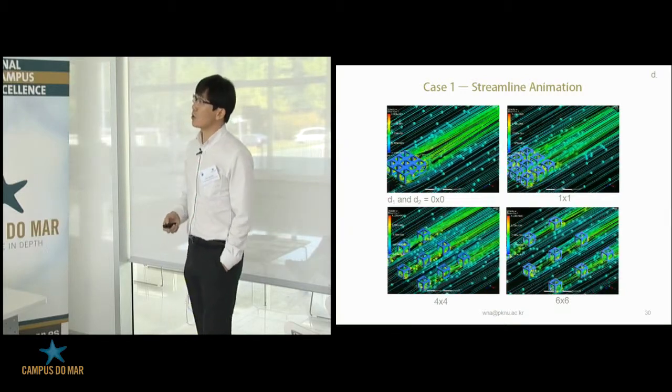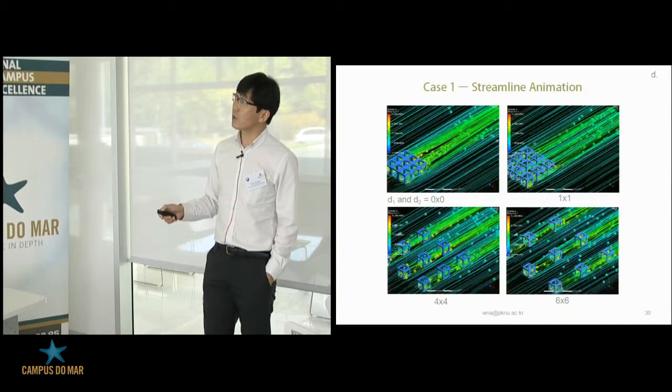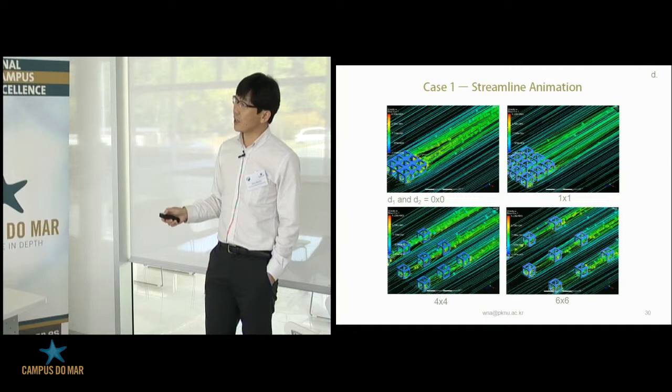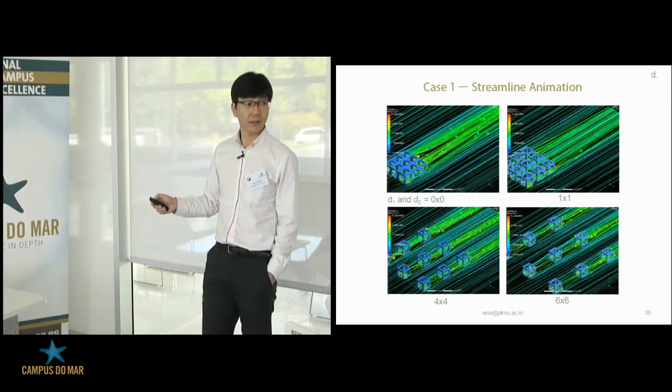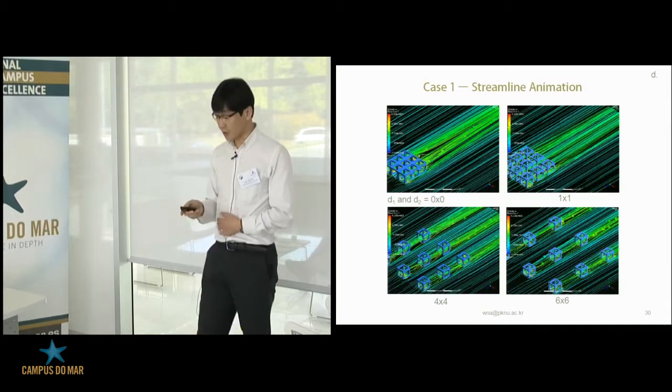This one also shows an animation of how the water flow comes through the set. As you see in this case, if the transverse interval is too big, the water just passes by, so it doesn't help the wake region.